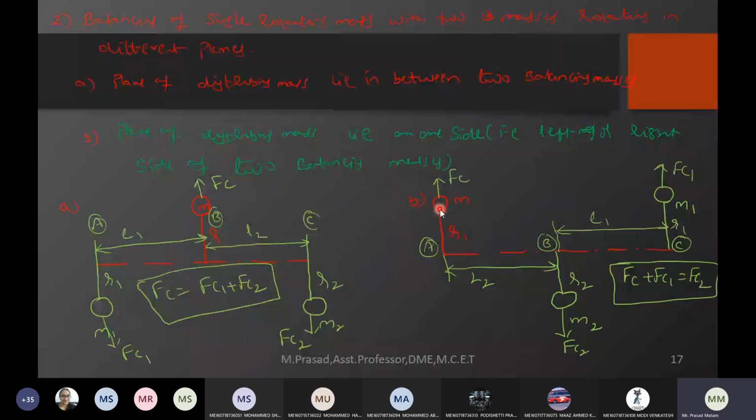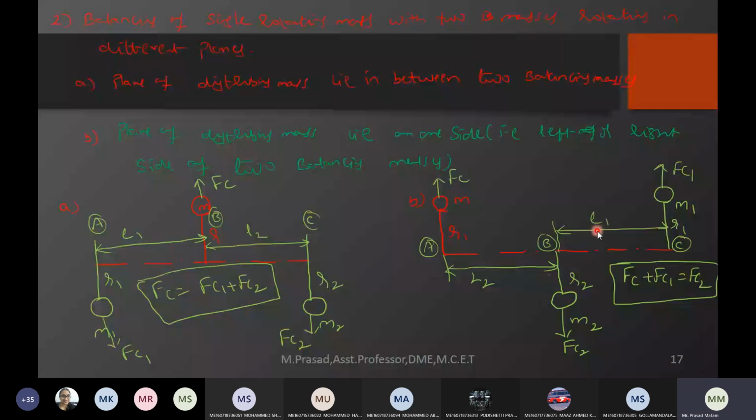This disturbing mass is being balanced with two masses. Now I have kept one mass on the right side and one mass in the middle at the bottom. You can keep all masses on one side, either up or down. I want to keep different conditions, so I'll keep one balancing mass on the upside and one on the downside, wherever possible.